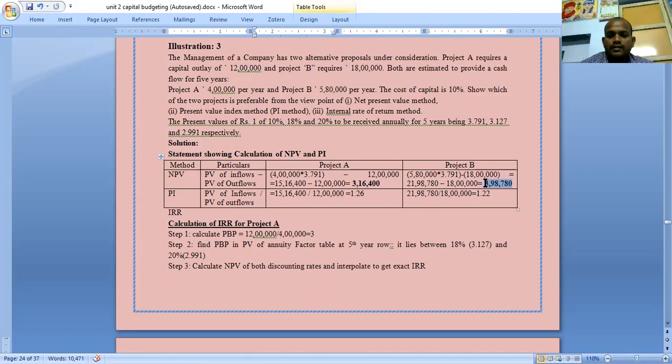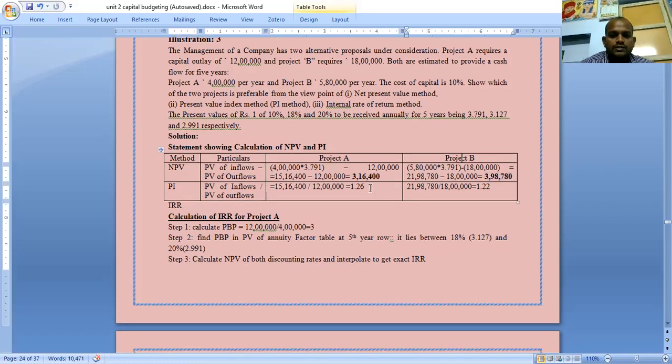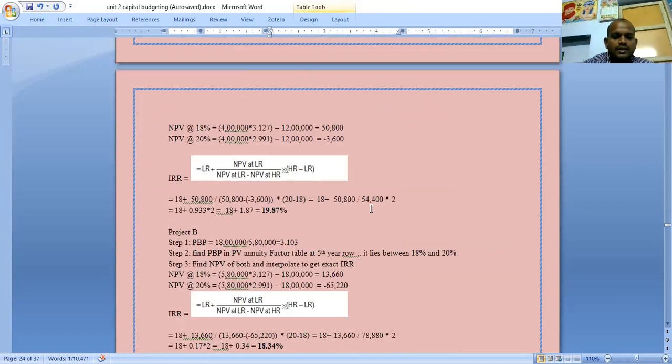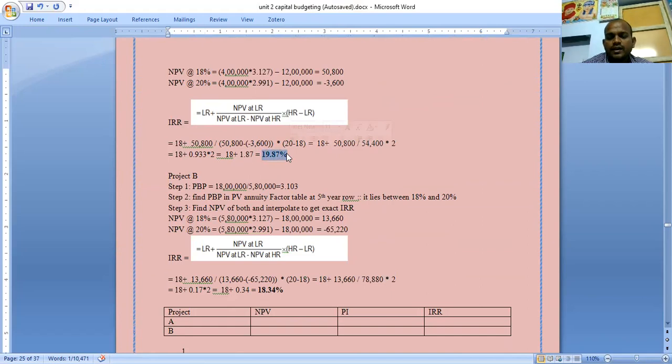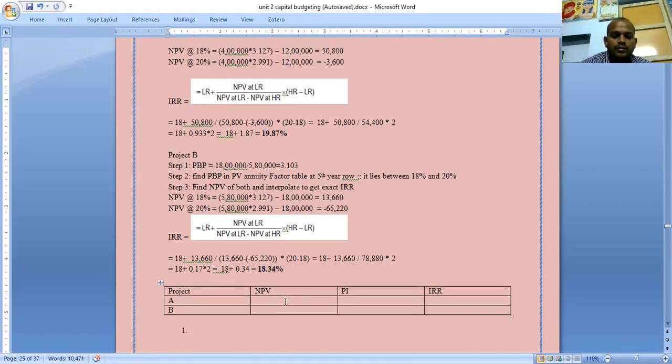So NPV is higher in the project B. As per the NPV, project B is preferable. If we consider profitability index as a decision making criteria, then profitability index is higher in the project A. So project A is preferable as per the PI, profitability index. And if you consider the IRR, project A is higher when compared to the project B. So as per the IRR, project A is preferable.